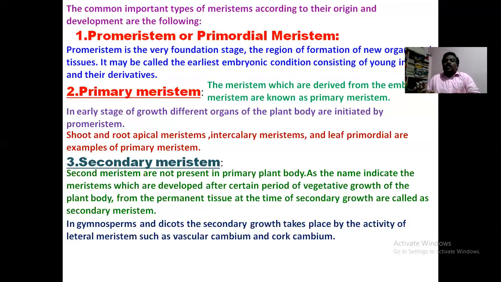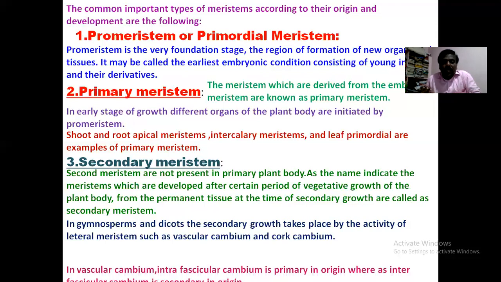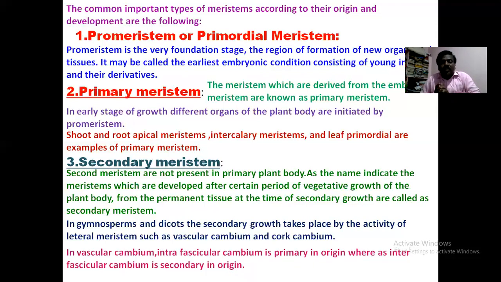These are examples of secondary meristem: vascular cambium and cork cambium. In vascular cambium, intrafascicular cambium is primary in origin, whereas interfascicular cambium is secondary in origin.